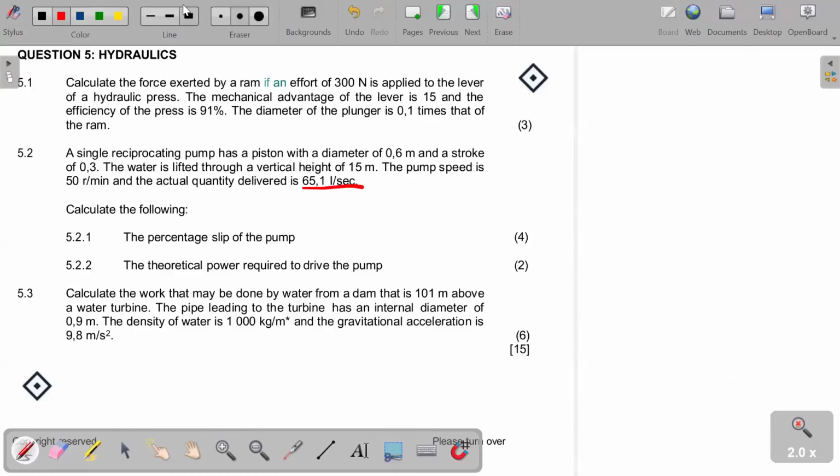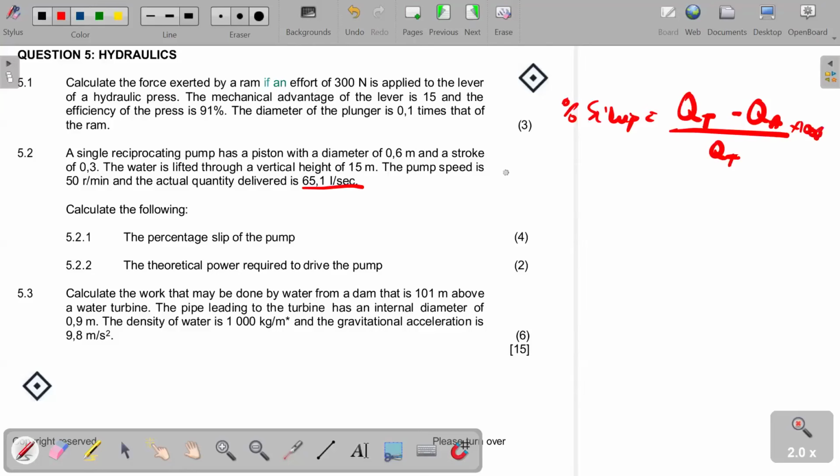We calculate the theoretical volume because percentage slip is equal to the theoretical quantity minus the actual quantity, divided by the theoretical quantity, times 100. That's the percentage slip.